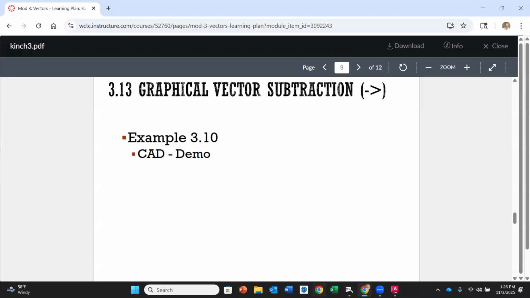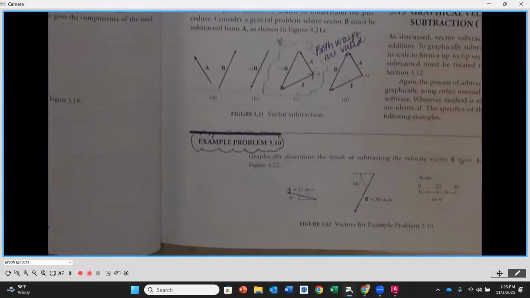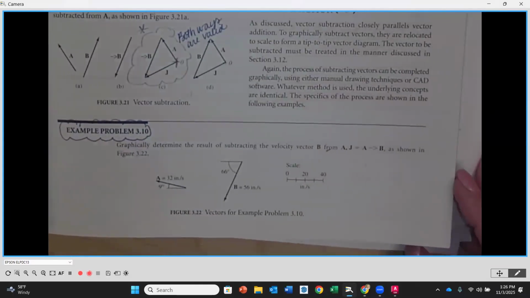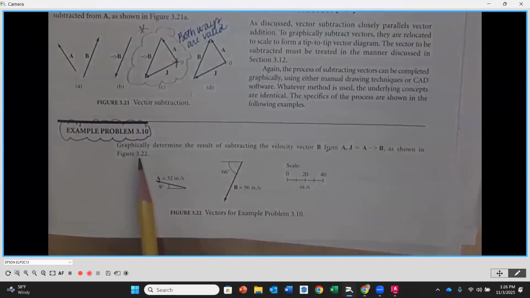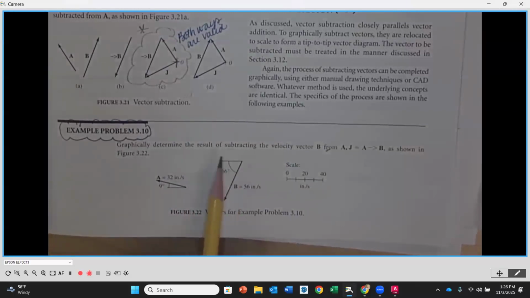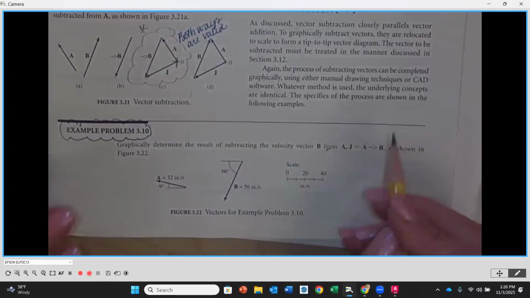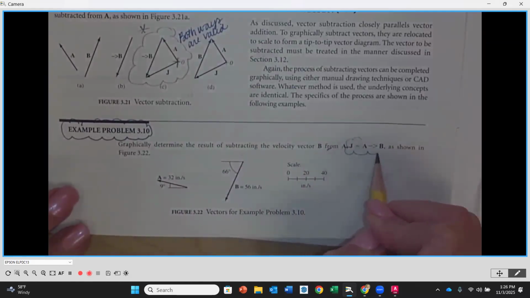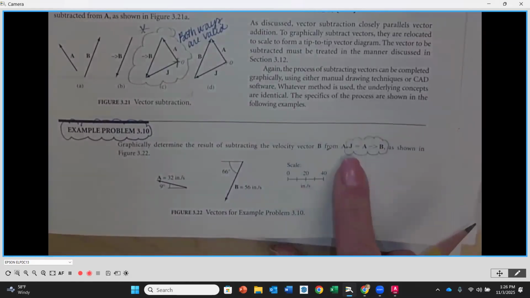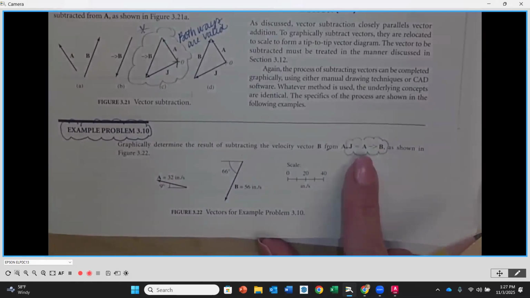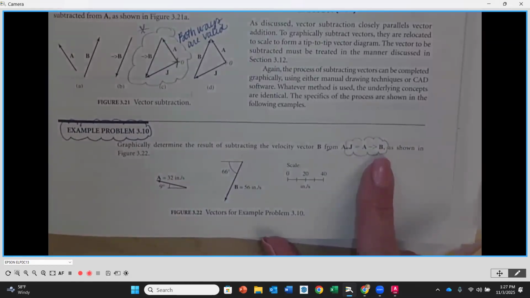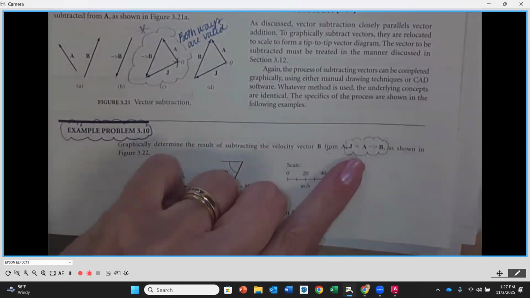So at the bottom of page 55, we find the problem statement for example 3.10. It says we want to graphically determine the result of subtracting the velocity of B from A. In the equation, instead of R, the resultant they're identifying as J. So J is going to be equal to A minus vectorially B. Now we're going to rewrite it just like we saw earlier.